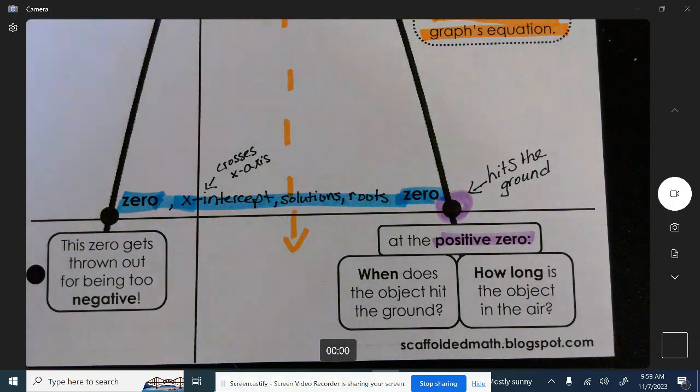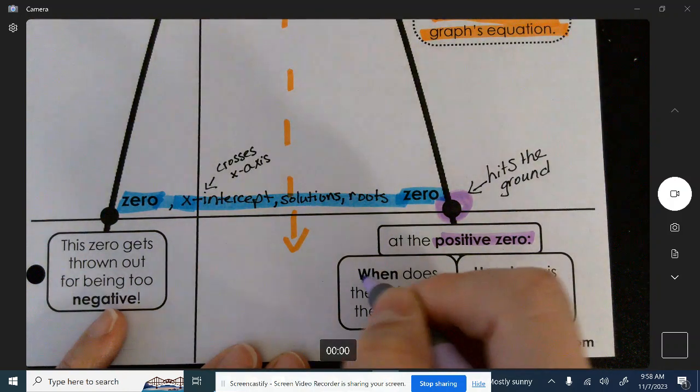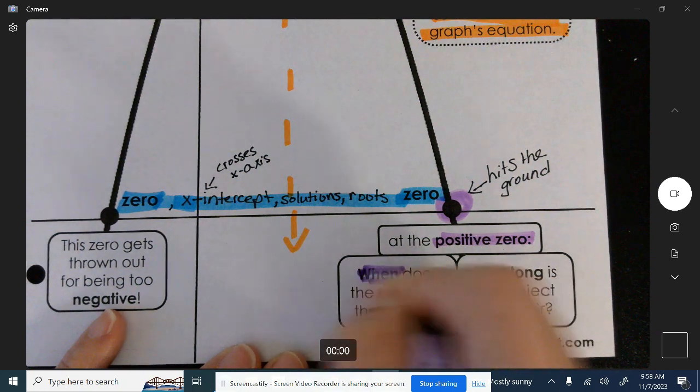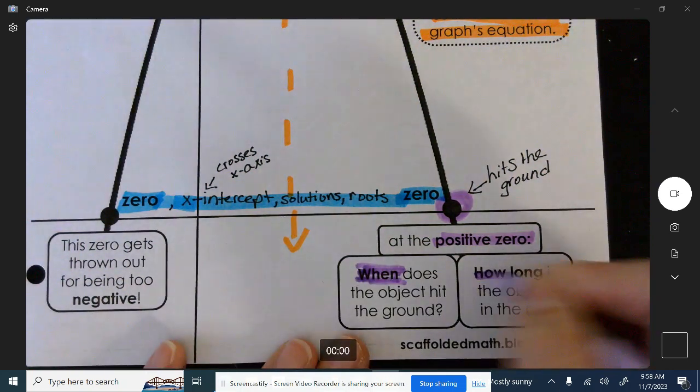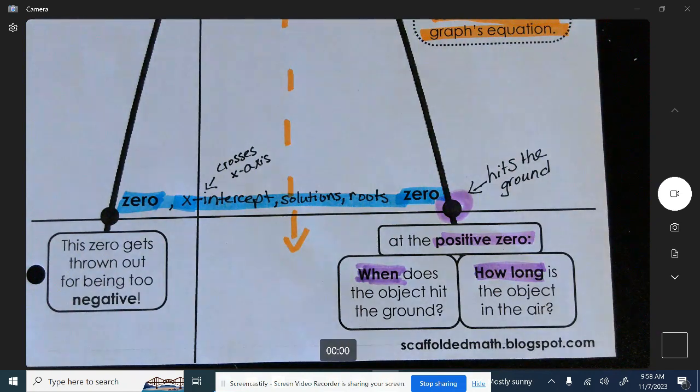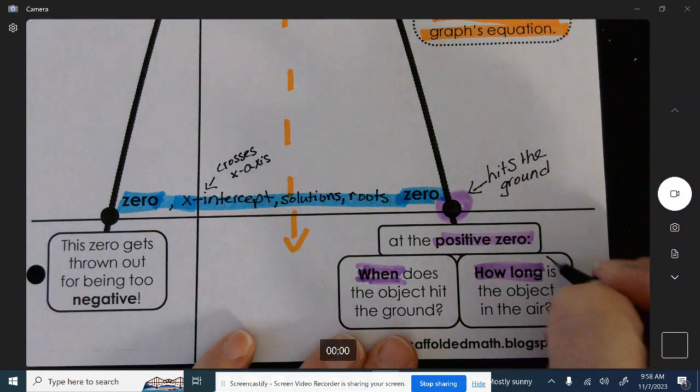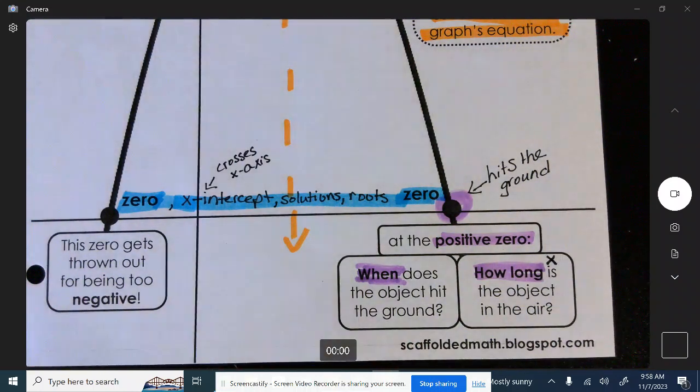So when does the object hit the ground, and how long has the object been in the air? That's what we're looking at.